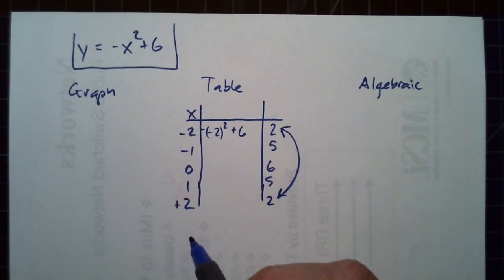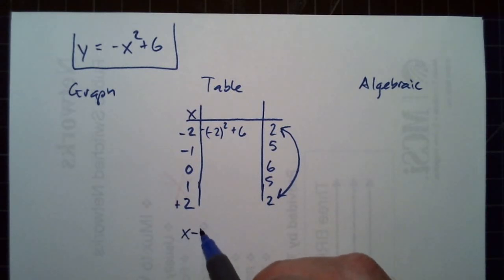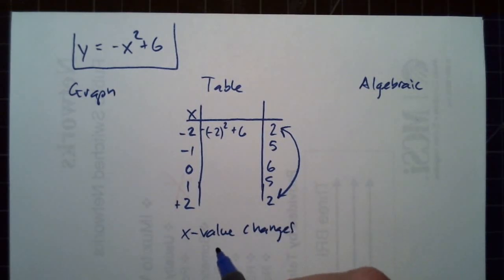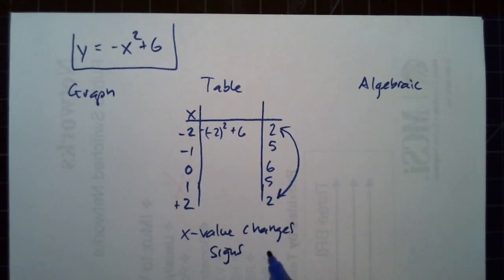So if the x value changes signs, that means we have a y-axis symmetry.